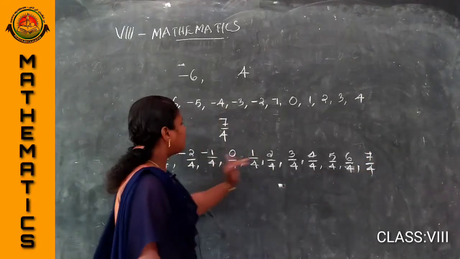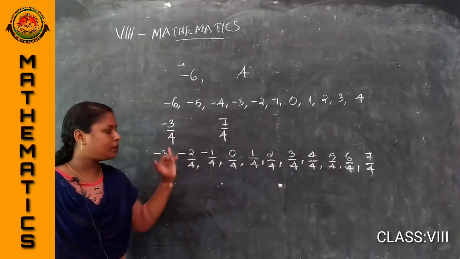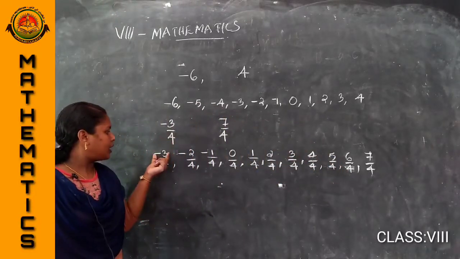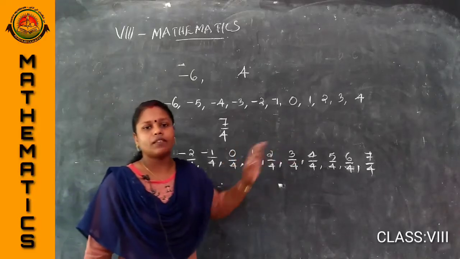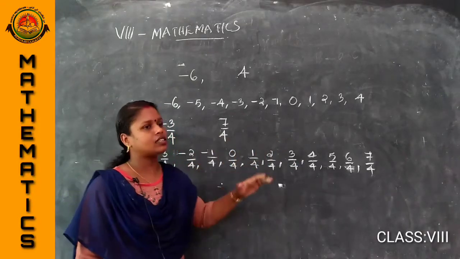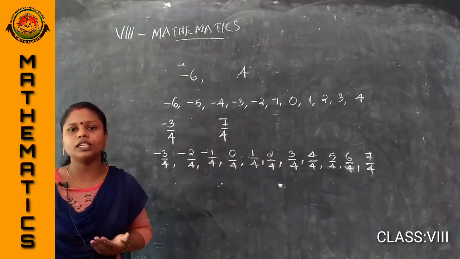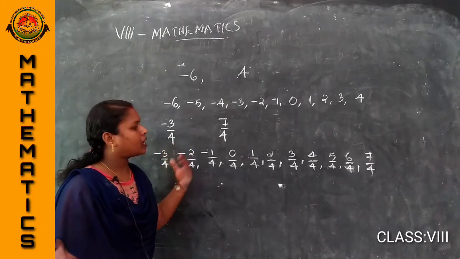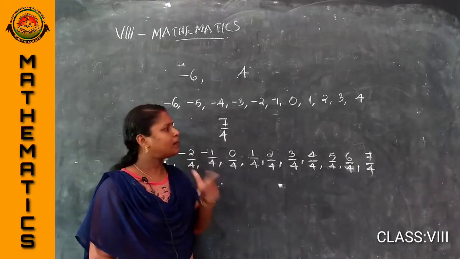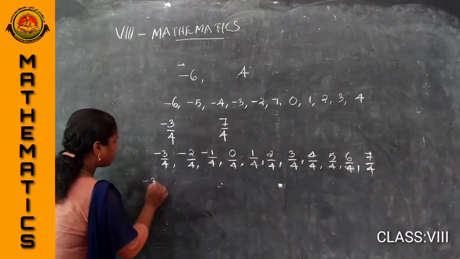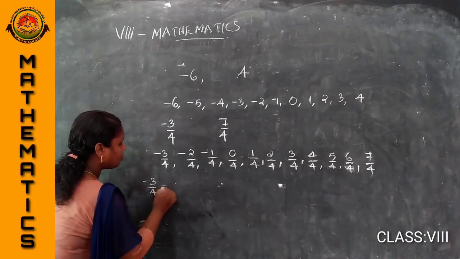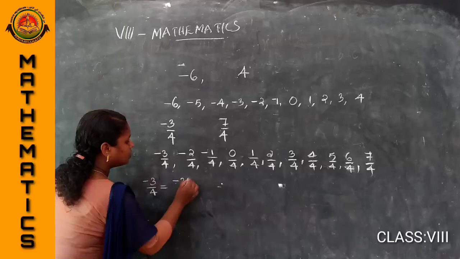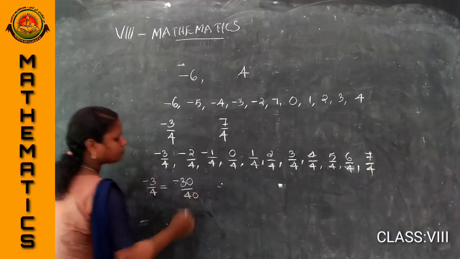So these many rational numbers are in between -3/4 and 7/4, that is, 9 rational numbers. But -3/4 is equal to -30/40.